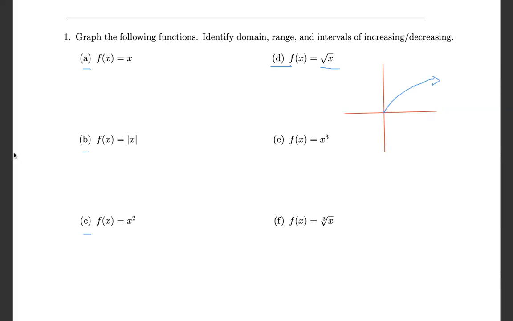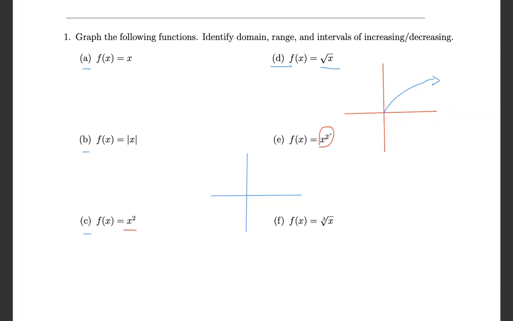Graph of E, let's graph another coordinate system. Now let's use red color to graph it. It's a cube, so it's an odd function. Even functions are symmetric about the y-axis.